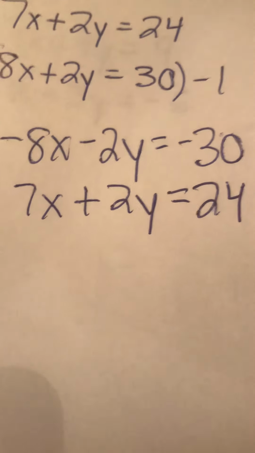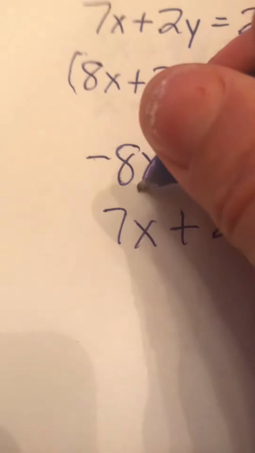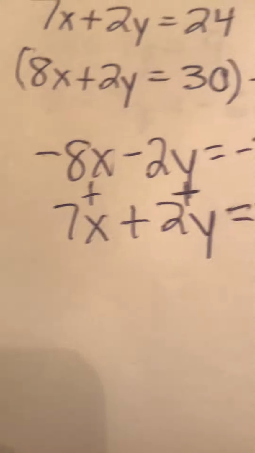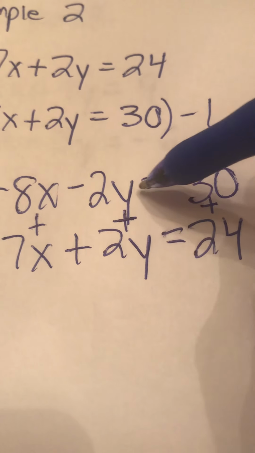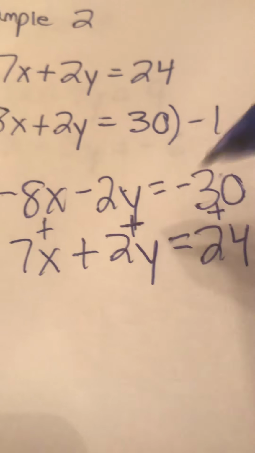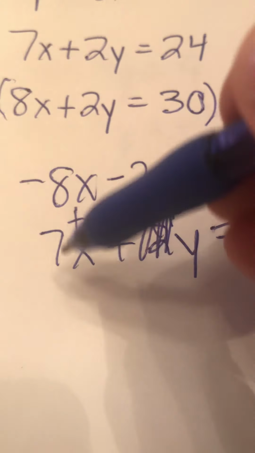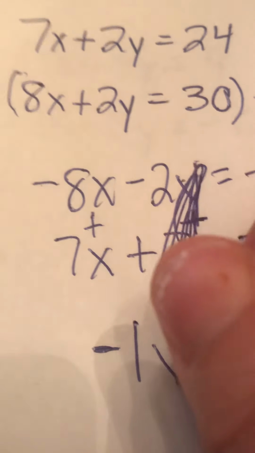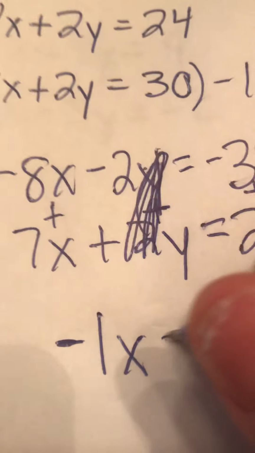So I can add to eliminate, and we notice here that when I add, I'm going to add throughout, and the variable that gets eliminated is the y, because -2 plus 2 is just 0. So that all cancels out. -8 plus 7 is -1x. -30 plus 24 is -6.